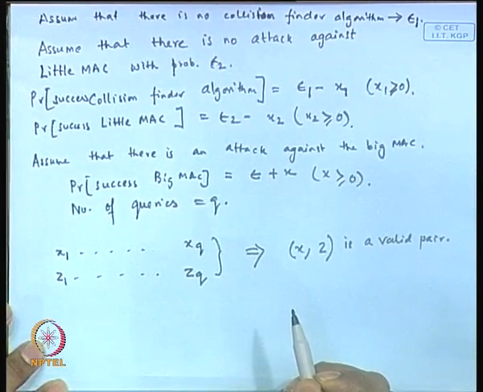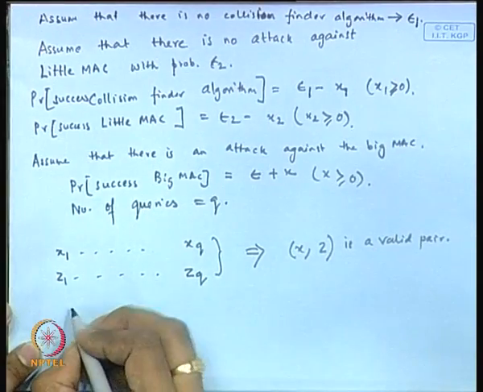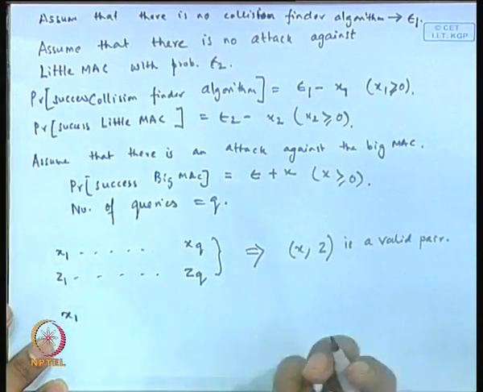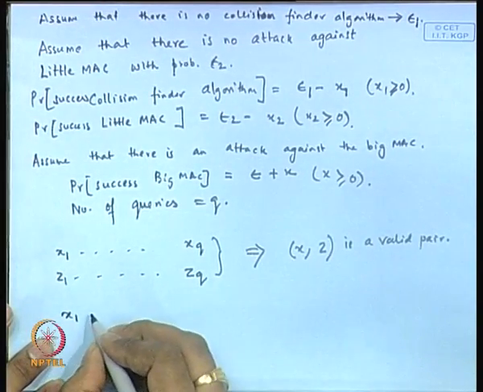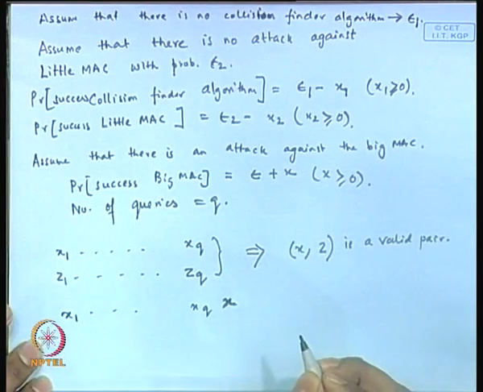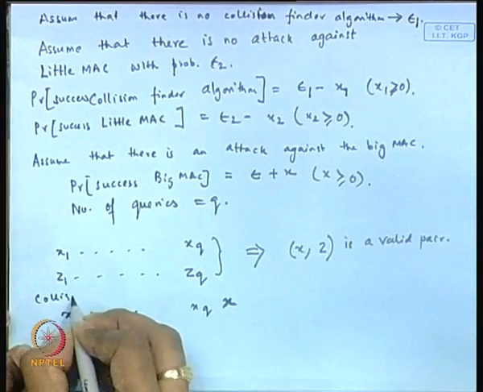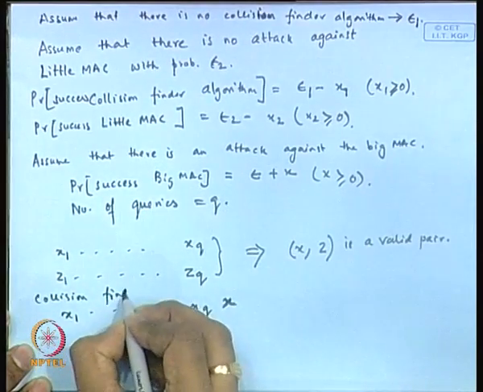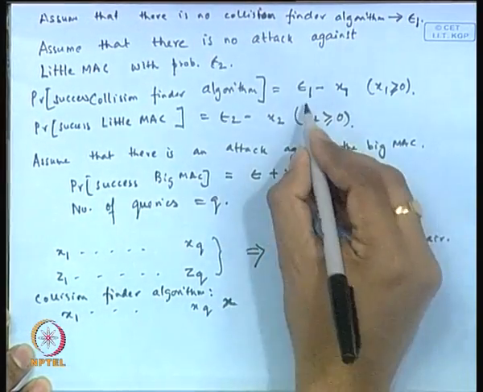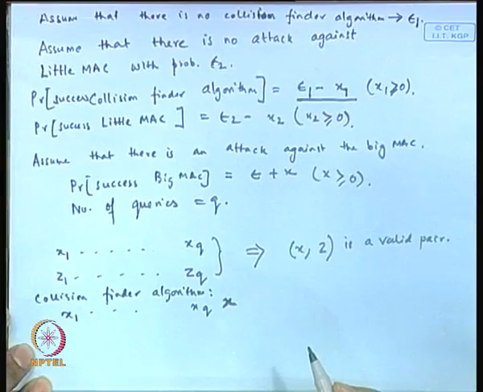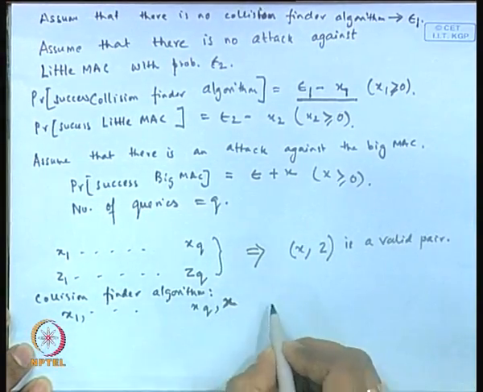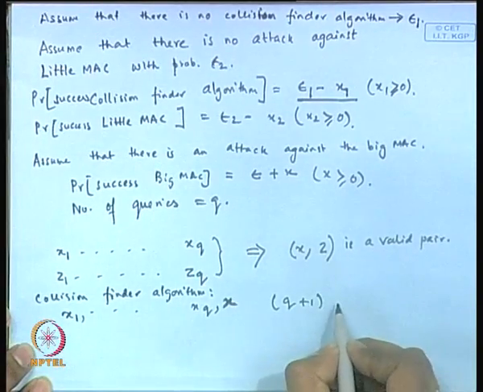What it does is ask for the corresponding hash values of x1 to xq and also of x. This is my collision finder algorithm, whose probability of success is given by epsilon 1 minus x1. How many queries has this algorithm made? q plus 1 queries.